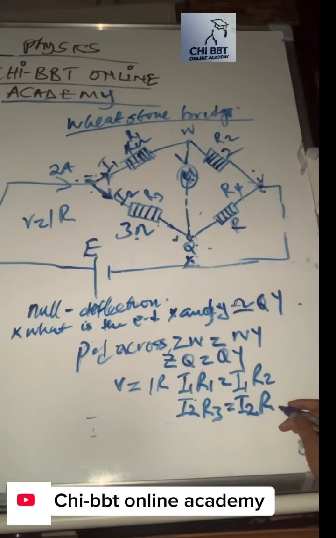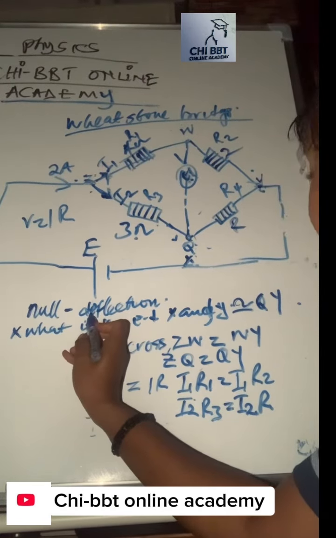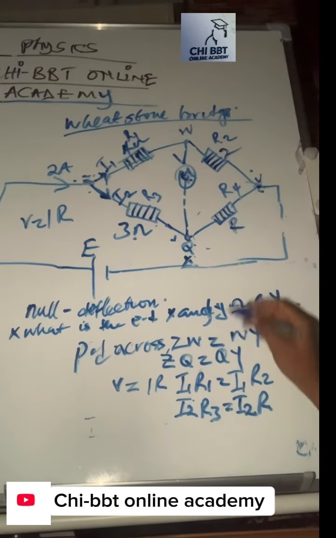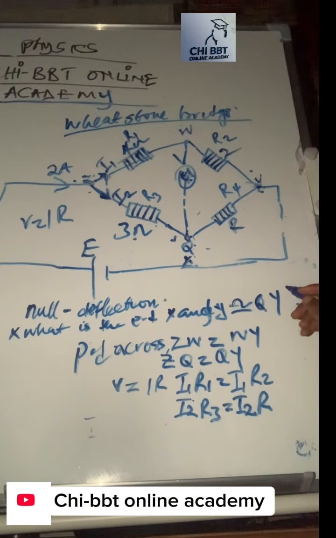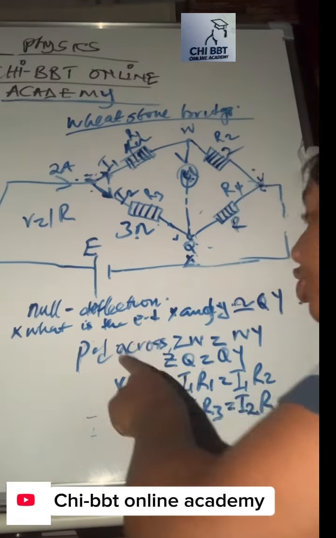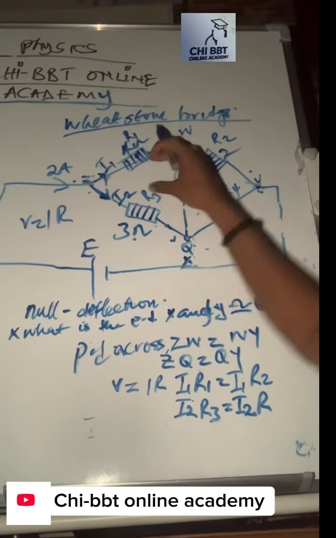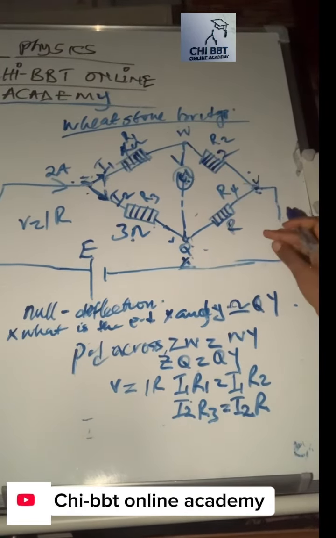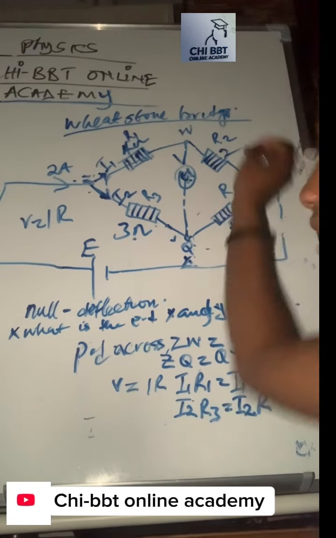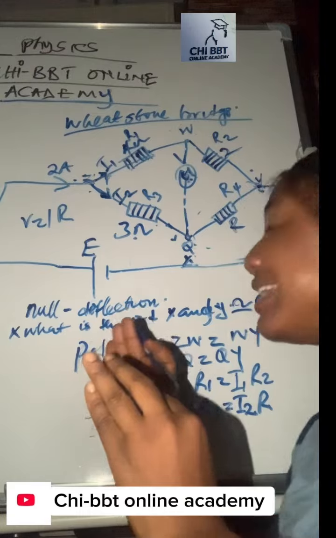Can you see it? Now, because it's a null deflection, the PD across them is said to be unknown for now, but something is wrong. Because I told you these are variable resistors, something is common. The current between them will be common because the galvanometer is no more producing any deflection.